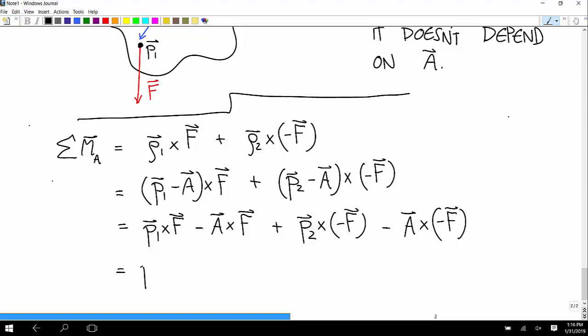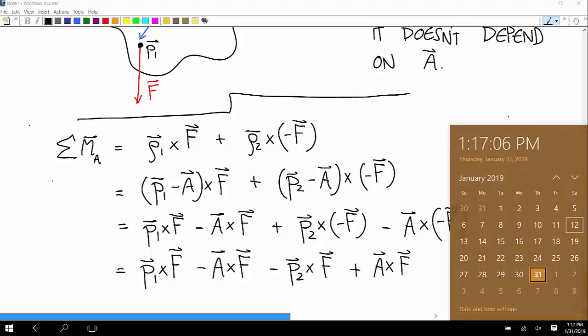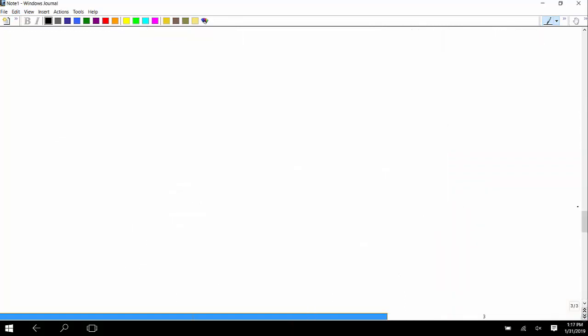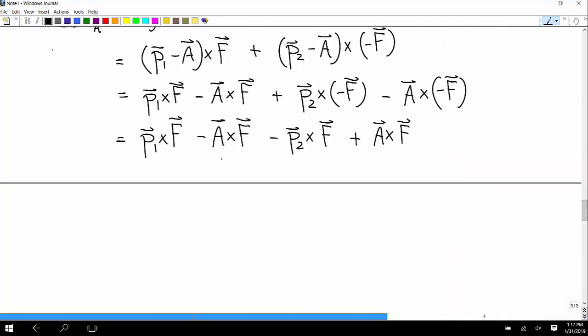So you get P1 cross F minus A cross F minus P2 cross F plus A cross F. The only two terms that have a dependence on A, you have a negative one there and a positive one there, so those cancel.